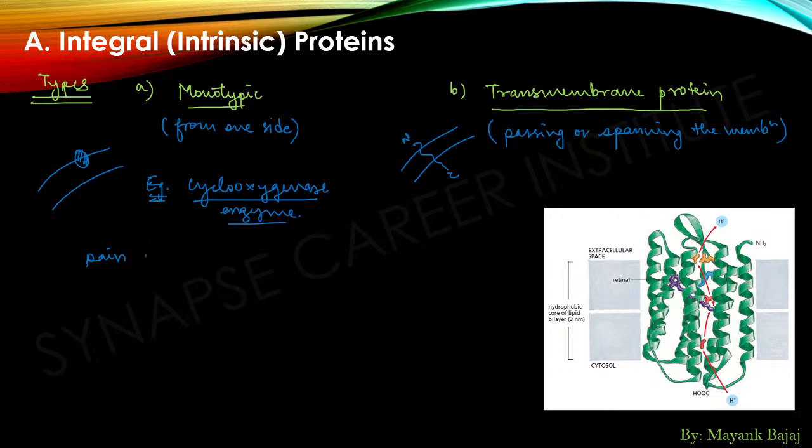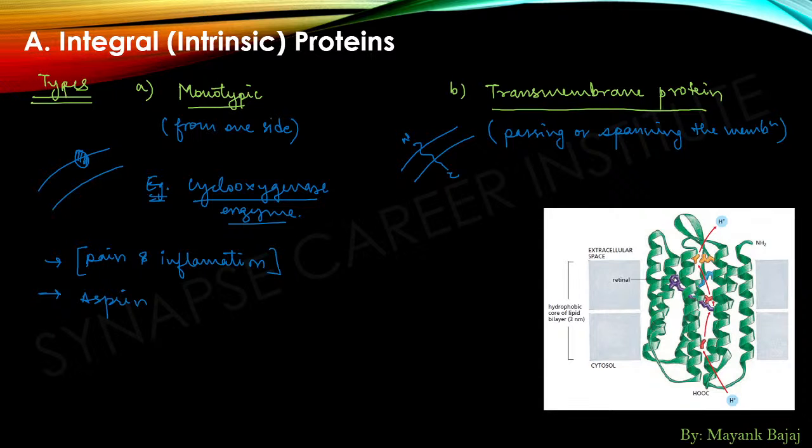What is the work of prostaglandin? Pain and inflammation. So they are involved majorly in pain and inflammation, and there are various drug targets, right? We have aspirin, which targets the cyclooxygenase enzyme, right?